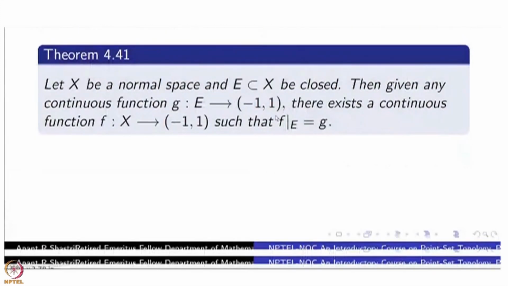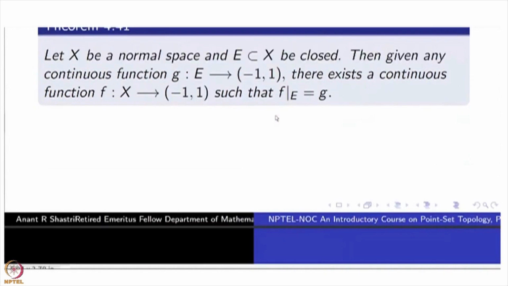So this is the statement here. I have stated a separate theorem. Let X be a normal space, E contained in X closed. Then given any continuous function g from E to the open interval (-1, +1), there exists a continuous function f from X to the open interval (-1, +1) such that f restricted to E is g.